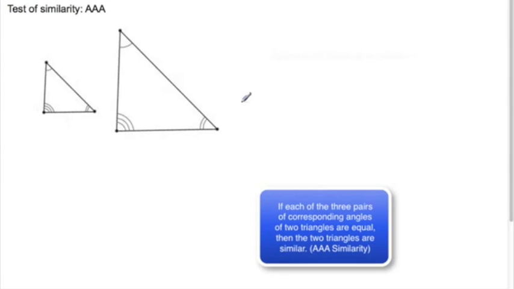So the first test of similarity we're going to look at is angle, angle, angle similarity. In angle, angle, angle similarity, if each of the three pairs of corresponding angles of two triangles are equal, then the two triangles are similar. This is also known as the angle, angle, angle similarity test.